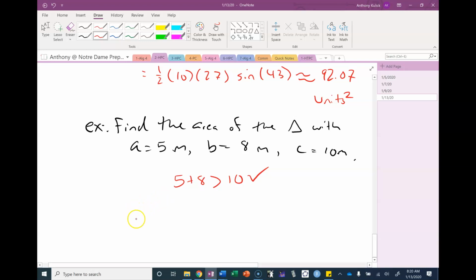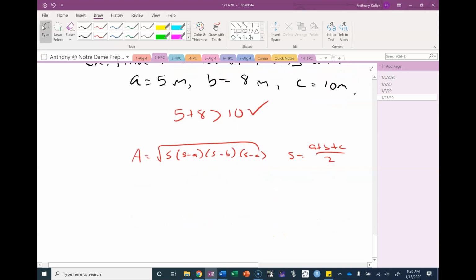So the formula I'm going to use then is Heron's formula. The first thing I'll do is calculate S. So that is 11.5.